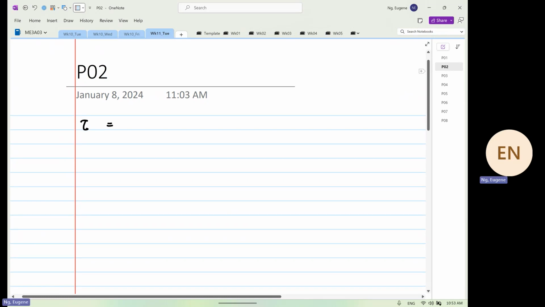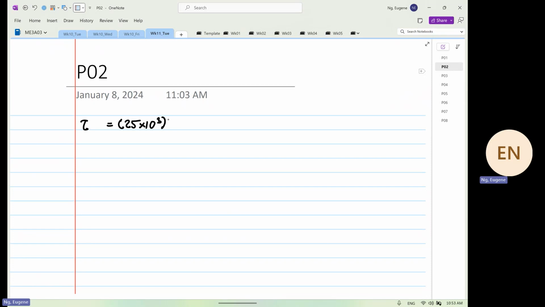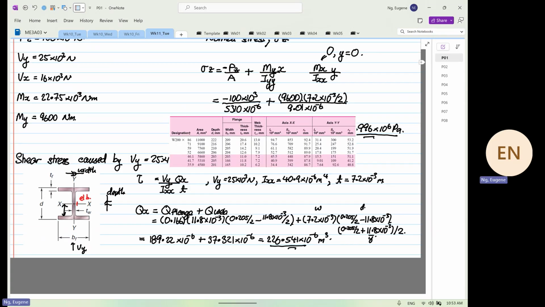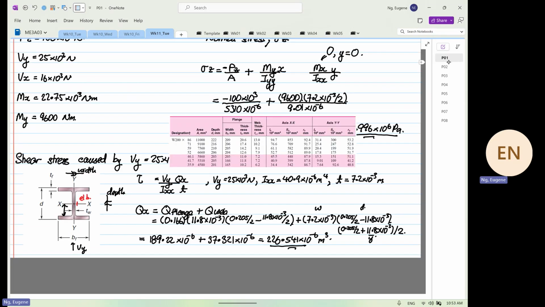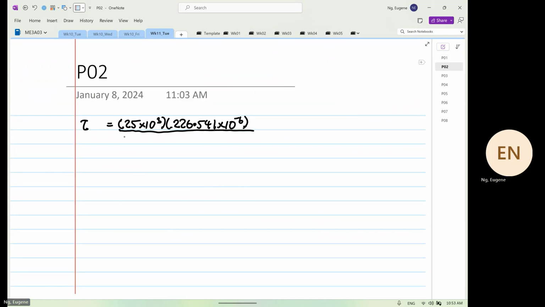will be equal to, so we are considering the 25 times 10 to the power of 3, that is the shear force, then 226.541 for the first moment of area. The second moment of area will be equal to what? 40.9.